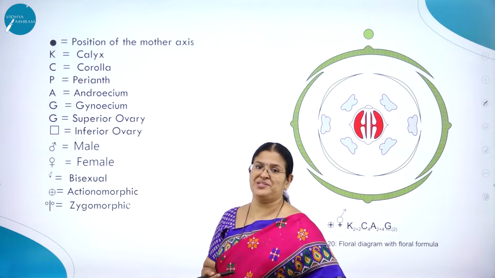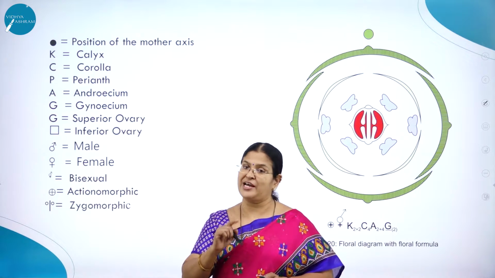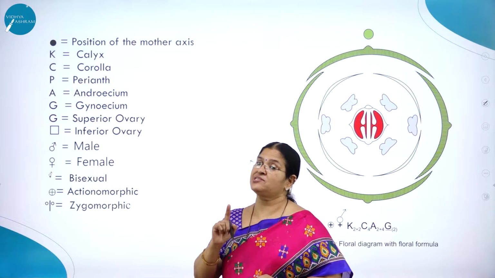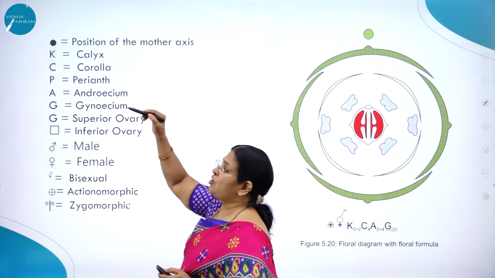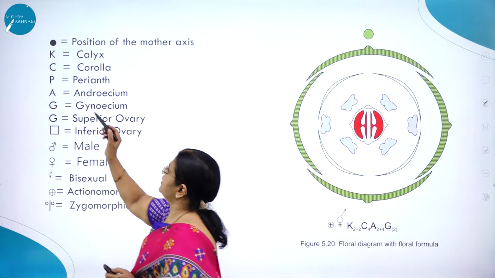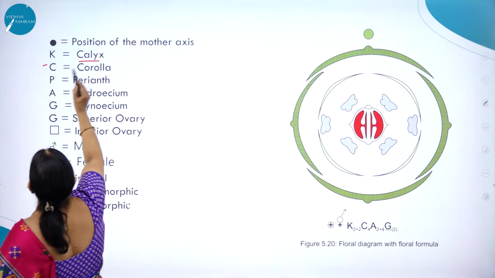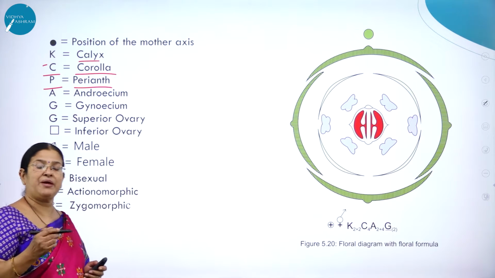Moving on to the symbols, very, very important. If you want to write the floral formula and the floral diagram, then you should understand the symbols. Here you can see, if a dot is given, that is called the position of the mother axis, then K for calyx, C for corolla, P for perianth. What do you mean by perianth?